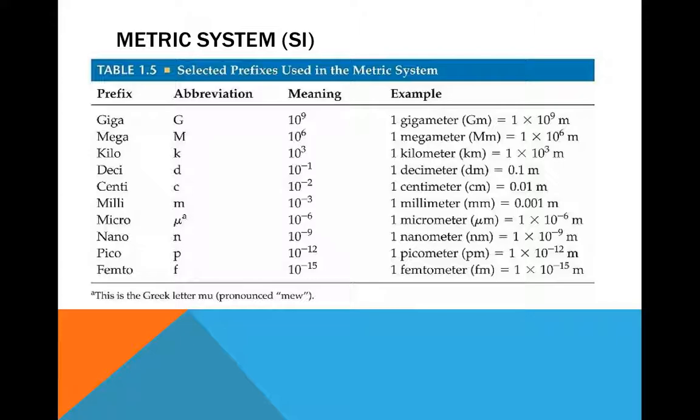And so hecto, since it's the prefix, deals with any type of measurement. It could be a hectogram, which would be weight. It could be a hectometer, which is distance. It could be a hectoliter, which is volume, right? But the prefix is hecto, and the scientific notation would just be 10 squared. So 8th graders, you can go ahead and write that in.